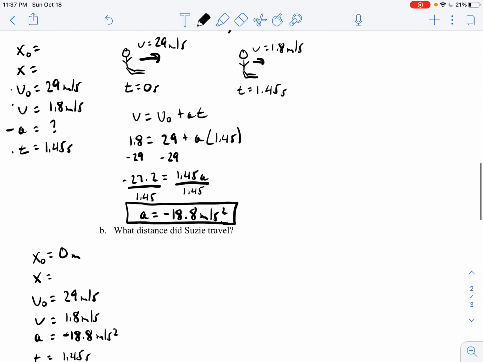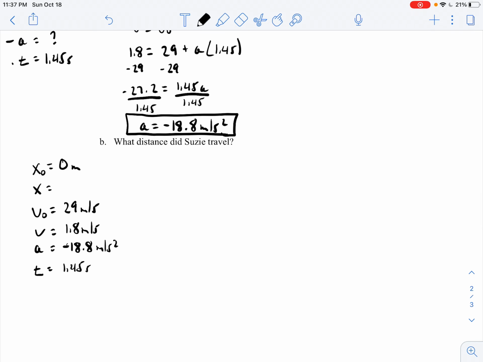So if we scroll back down here, using that third equation, x is equal to x initial plus v sub 0 t plus 1/2 times a times t squared. Final position is what we're looking for. We keep it as x. X initial is going to be 0.